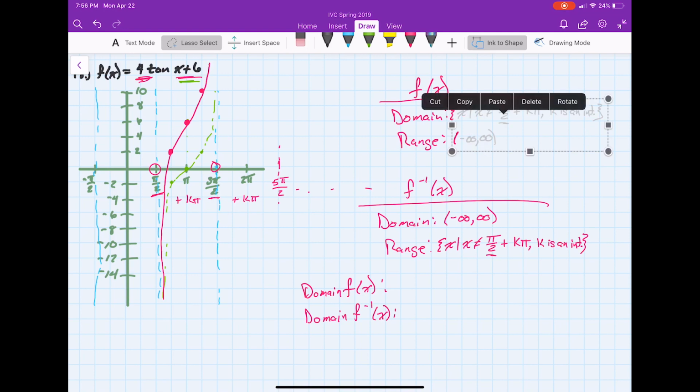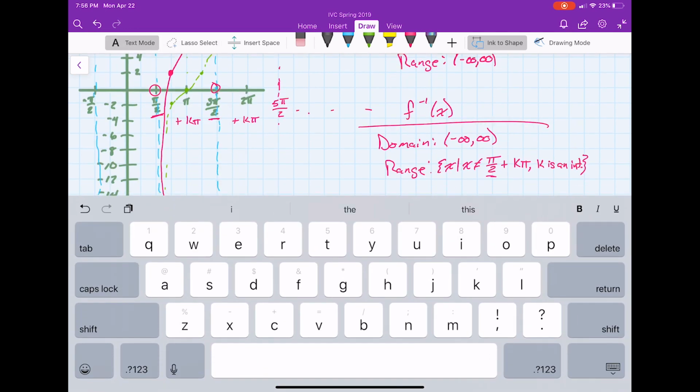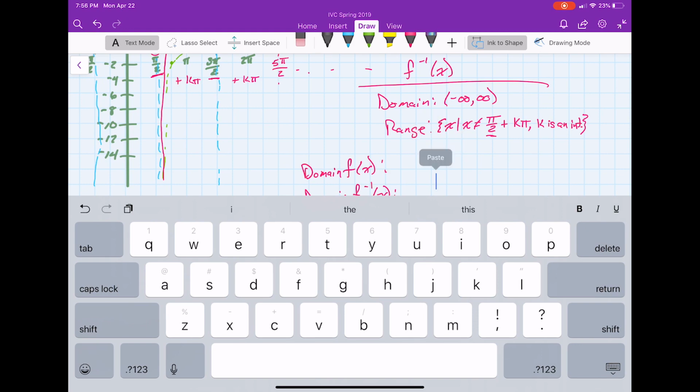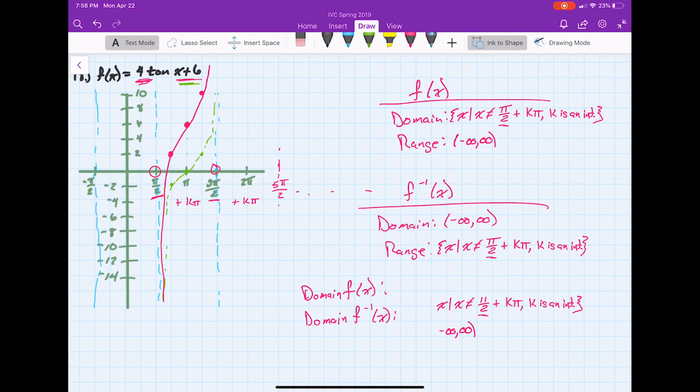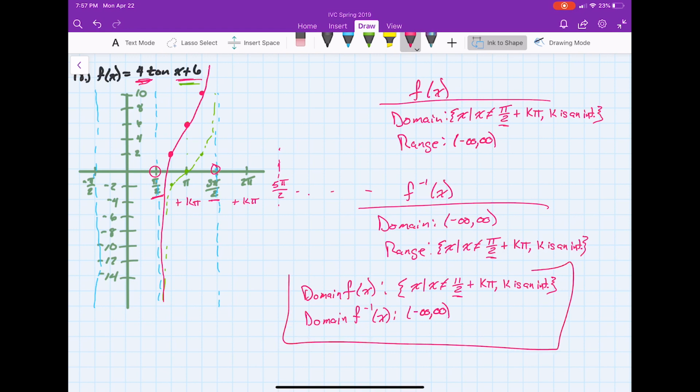I know it looks kind of funny because I'm just copying everything from the f, but remember, I should have done this a different way. Hang on a second. Remember, the range of f of x is actually the domain of its inverse. So there you go. Put our parts back here. And actually, there should be the top of that pi piece, but you get the idea.